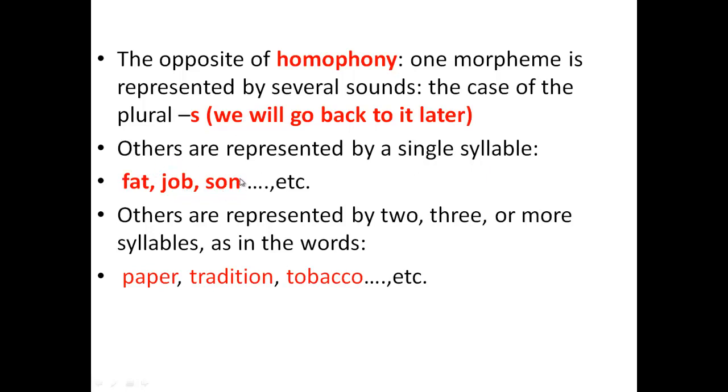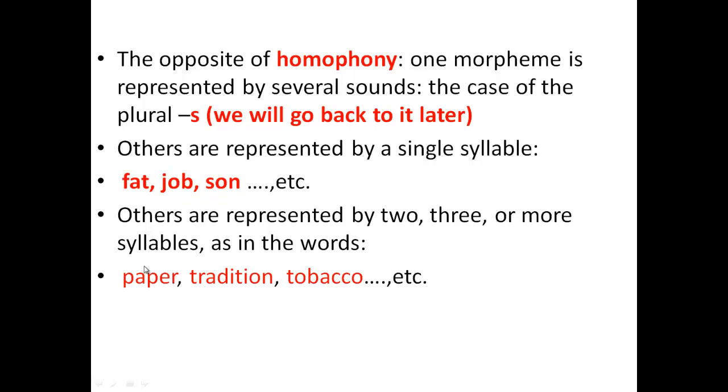So here we have got a monosyllabic word, a monomorphemic word. Same thing here, same thing here. Others, which means other words, are represented by 2, 3, or more syllables, as in the word paper. In the word paper we have got 2 syllables. It's what we call a bisyllabic word.